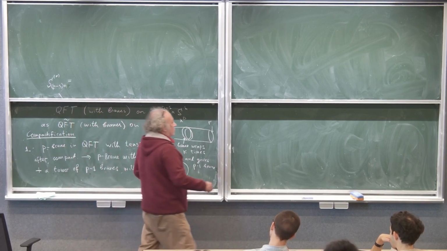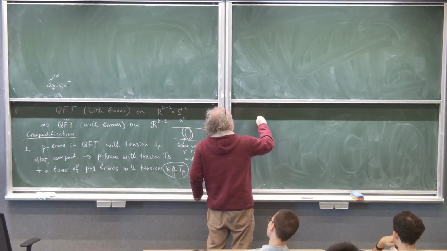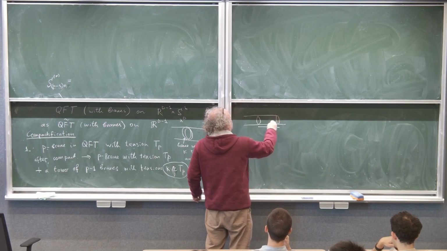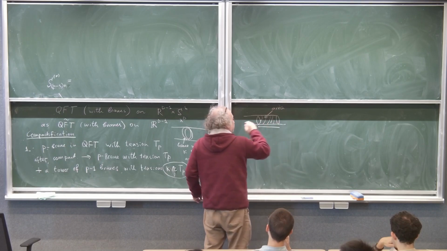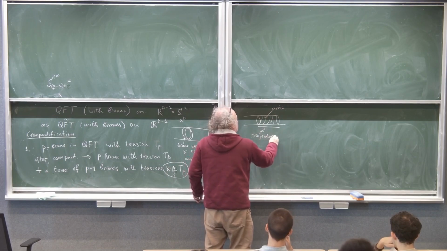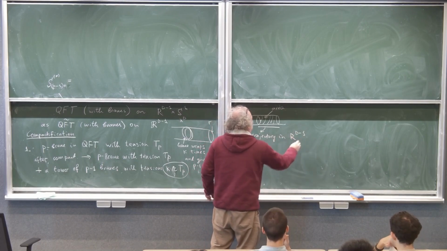In the more sophisticated case, where we have a string, the picture is like this. This is the area. So this is the trajectory in R^(d-1).